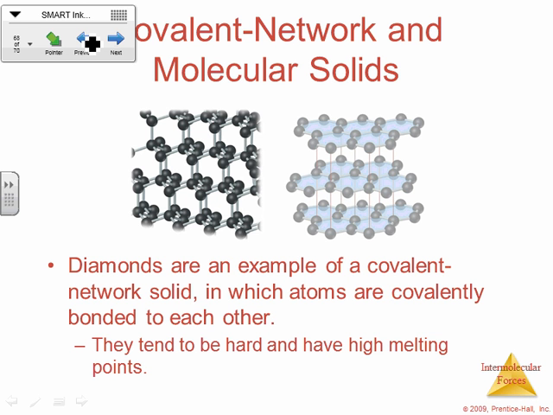So to break one of these, we're not talking about London dispersion forces or anything like that. This is a bunch of carbon atoms that are actually covalently bonded to one another, sharing electrons between them, okay? If you put a bunch of carbons under enough pressure and enough temperature for a long enough period of time, you can get the carbons to share their electrons that way, okay?